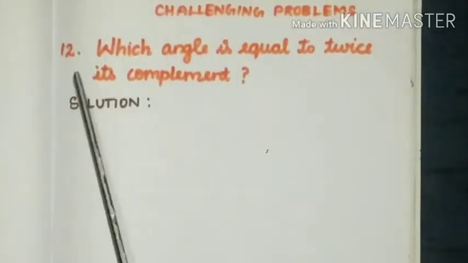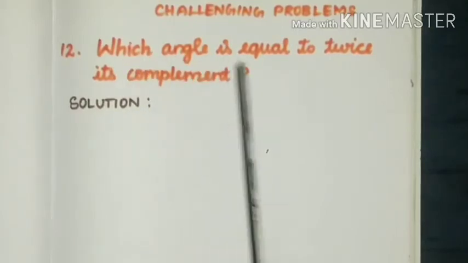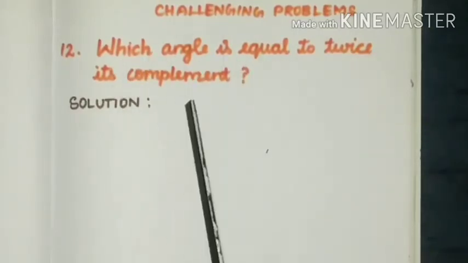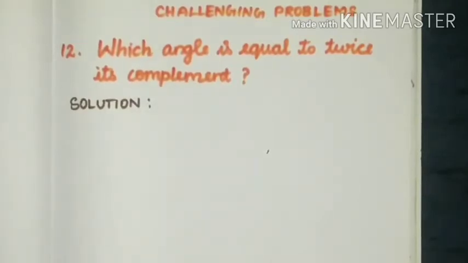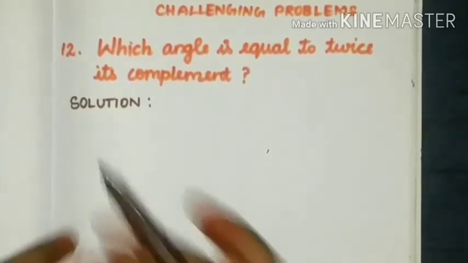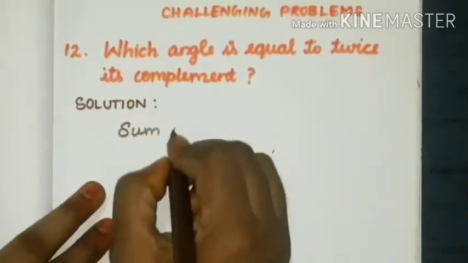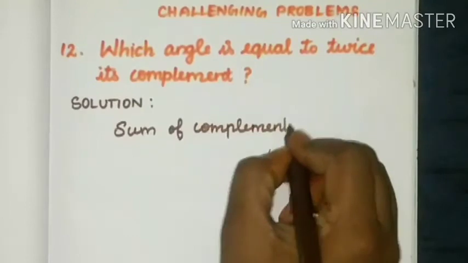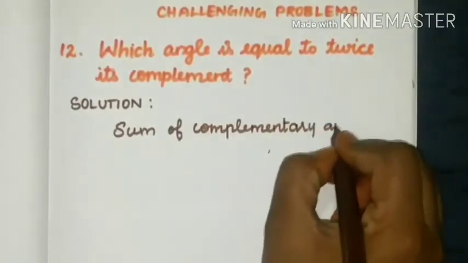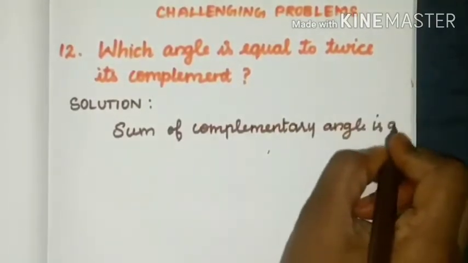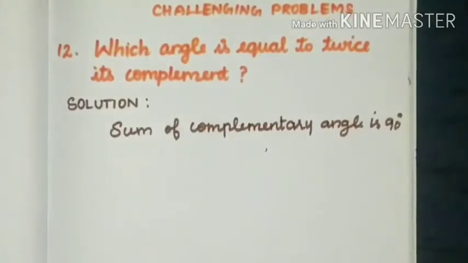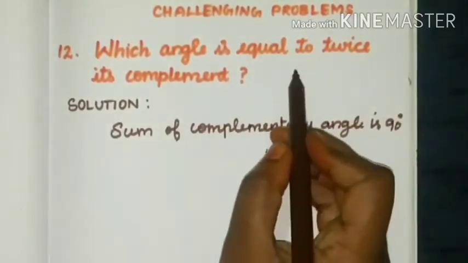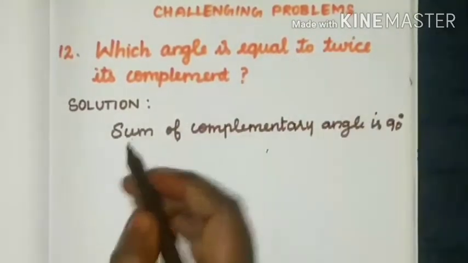Challenging problems. 12th sum. Which angle is equal to twice its complement? We know that the sum of complementary angles is 90 degree. Here in the question, what is given? Yes, the given angle is equal to twice its complement.